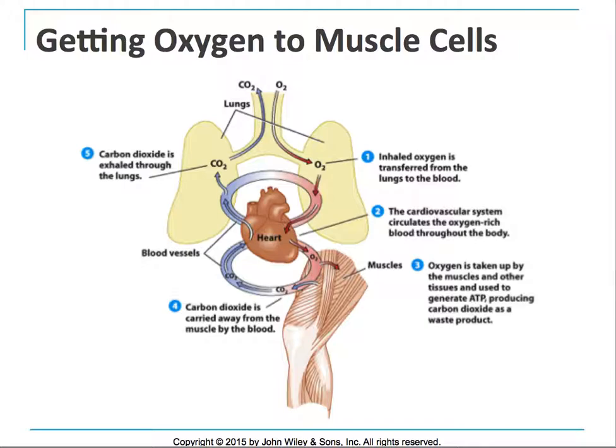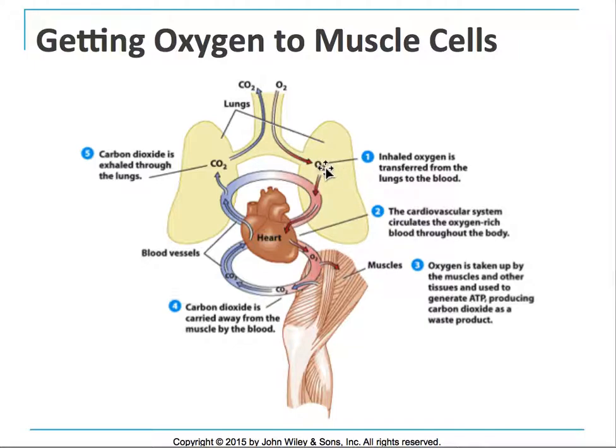Getting oxygen to your muscle cells. So this picture comes from your book. If you need to see it bigger, you can check it out there. It's a pretty basic diagram of how your respiratory system and your circulatory system interact. So when you breathe in, oxygen comes into your airway, into your lungs.